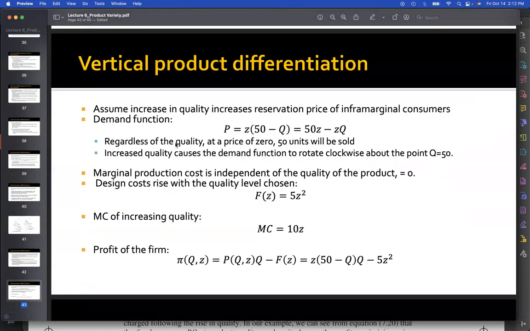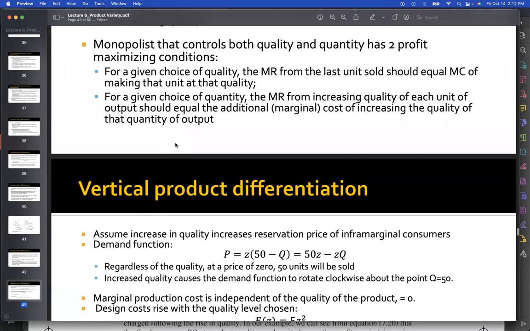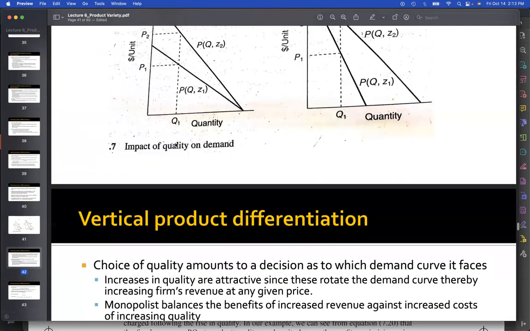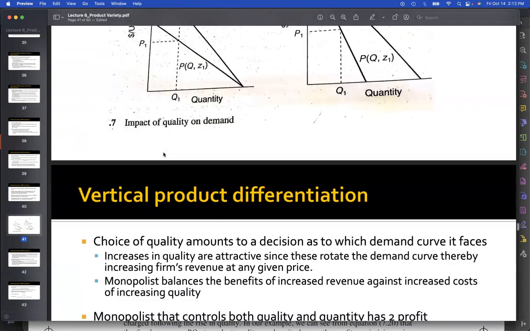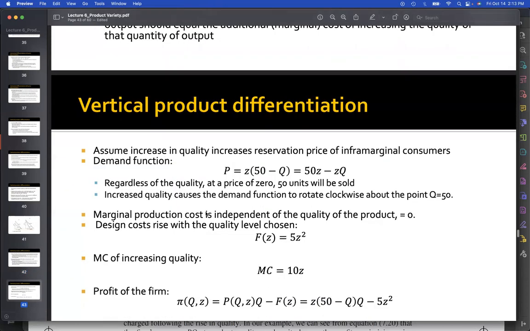Okay, so let's get to something specific. Assume an increase in quality increases the reservation price of inframarginal consumers. So this is more like picture A. This one. Right?